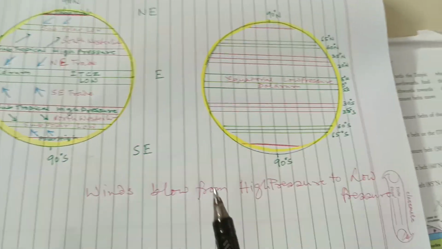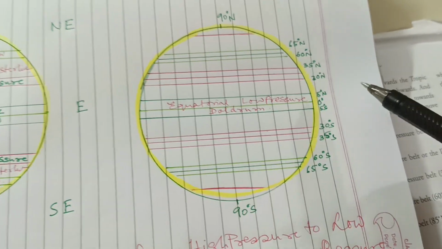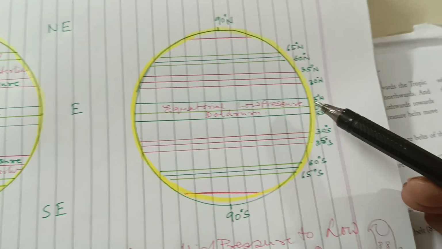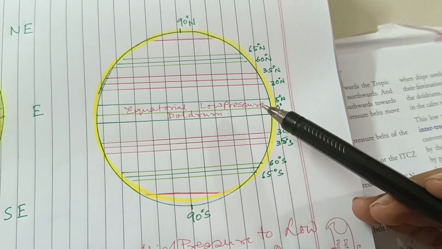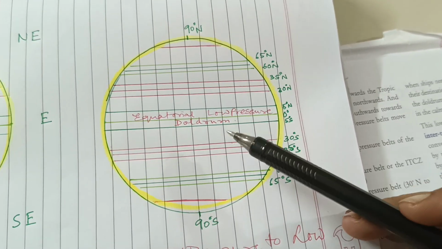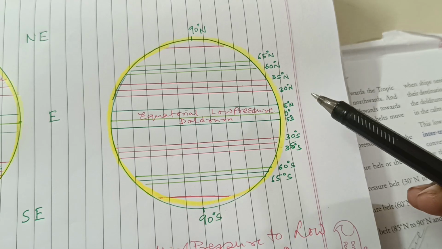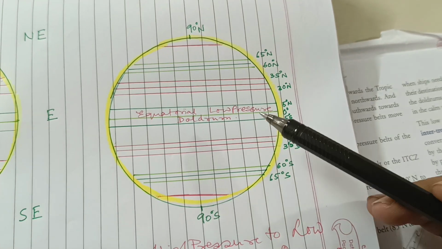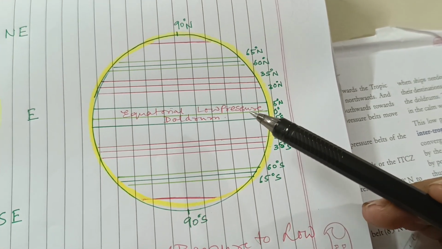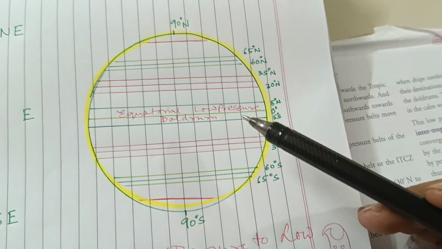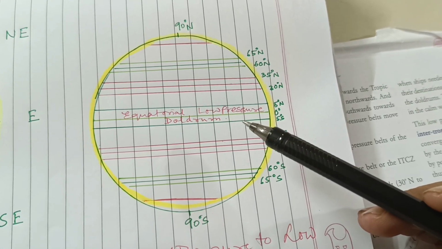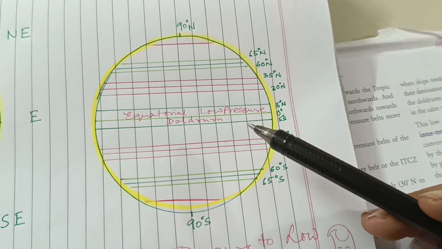First we will see the equatorial region, where a low pressure belt is developing because this particular region, 5 degrees north to 5 degrees south, is getting the direct sun rays, and that is why low pressure is created. The air mass is warming up and going up.